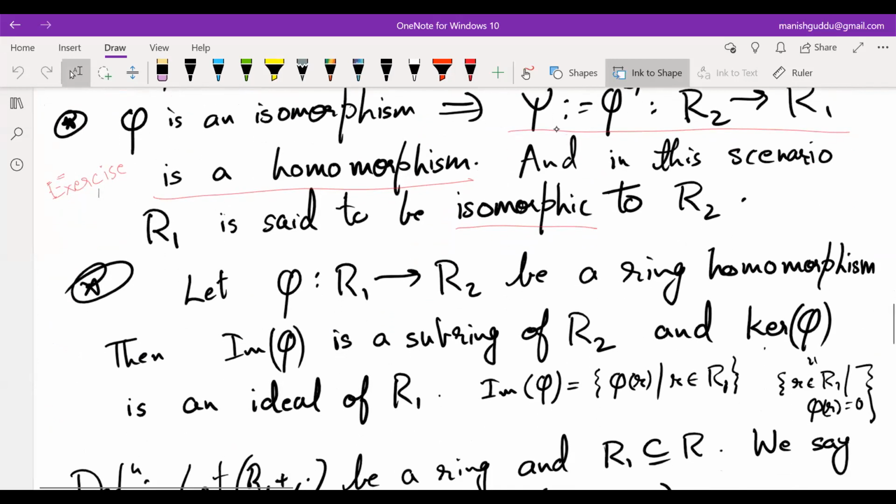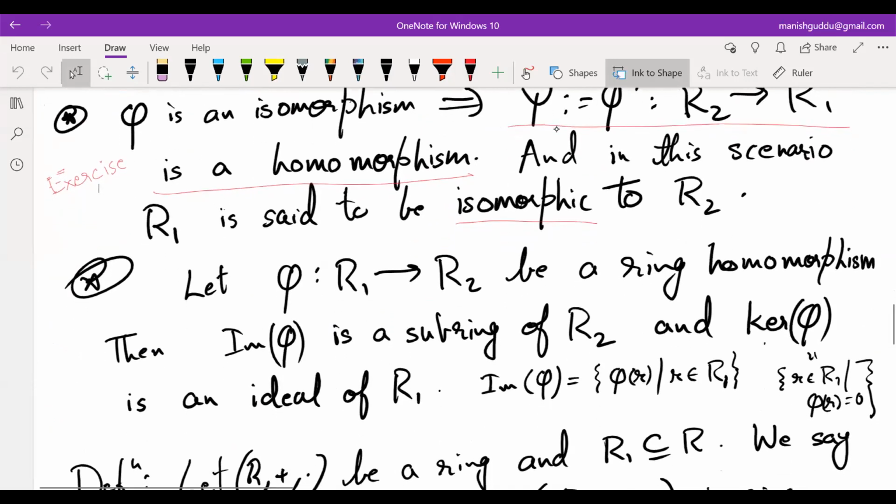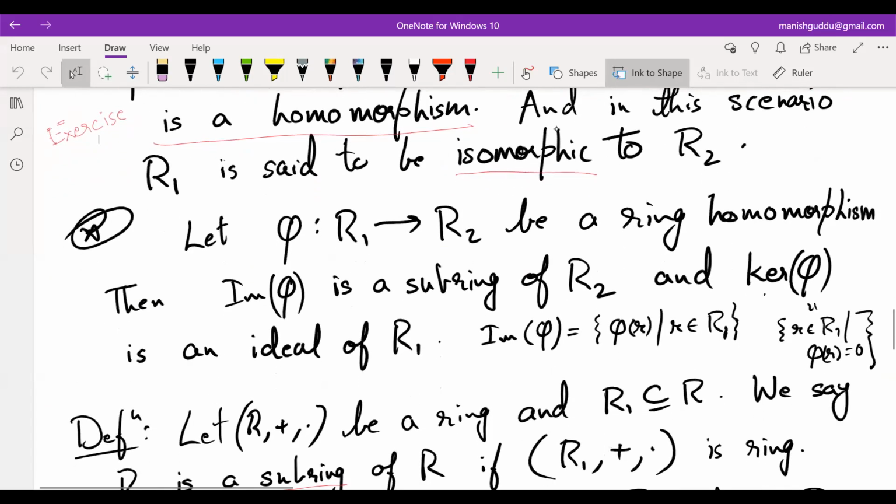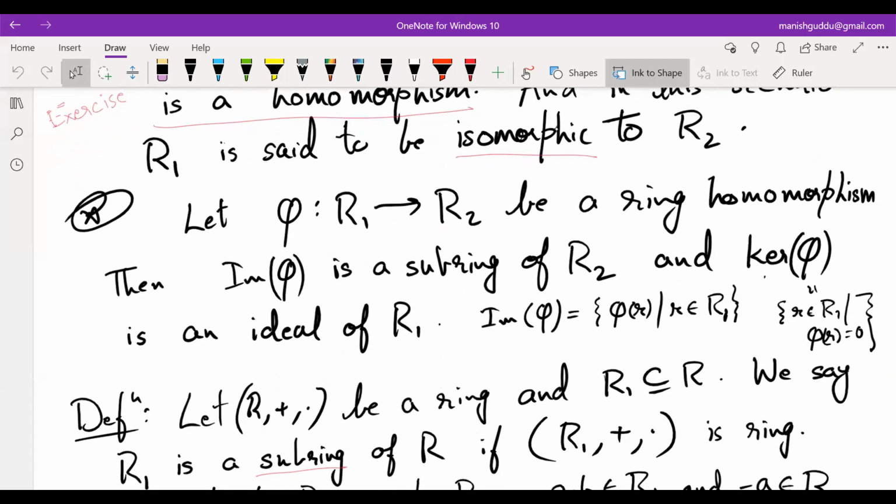So now we'll define some new notions. We didn't talk about some of these things, but I've decided to take a route to bring in notions as and when we need them.